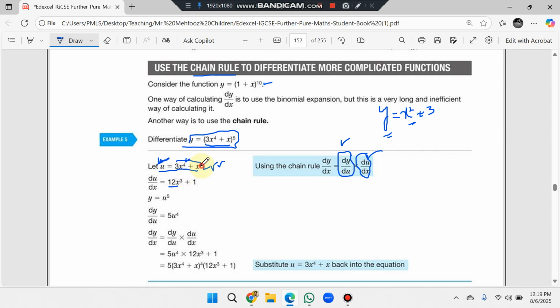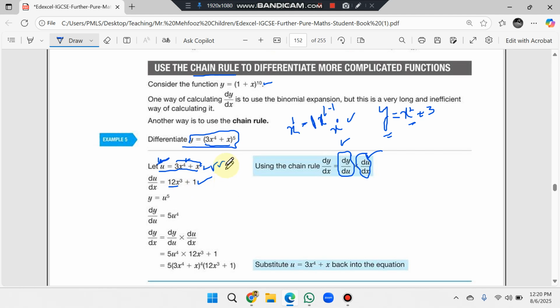And here is the x, which has the power 1, so its derivative becomes 1 times x raised to the power 1 minus 1, that is x raised to the power 0. Any variable or constant which has the power 0 is equal to 1, so we write it as 1. Do you understand this or not?